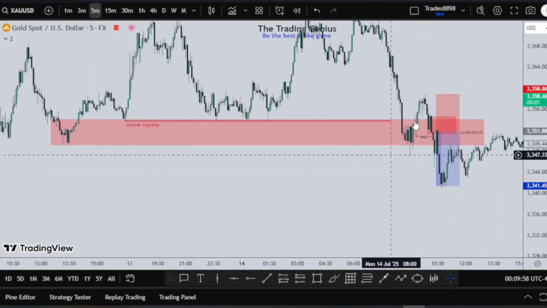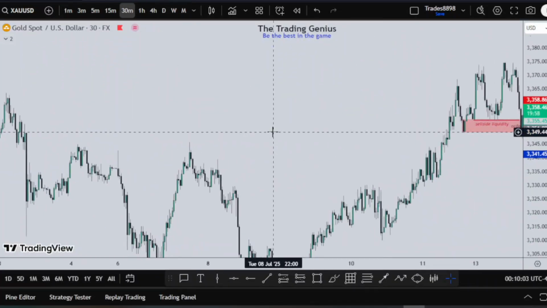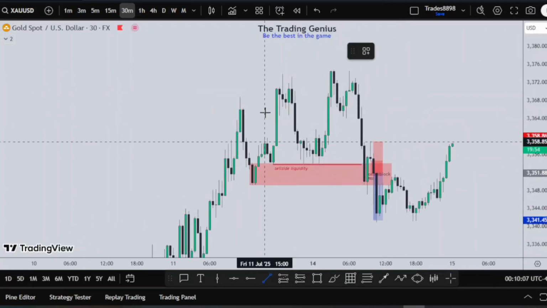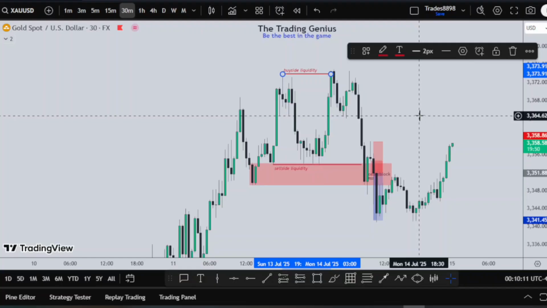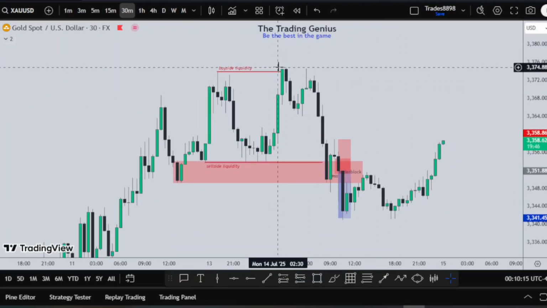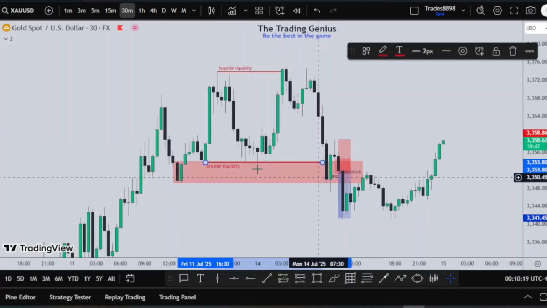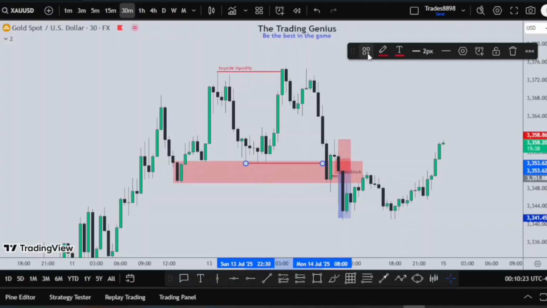Considering what price is doing, the reason we short this is not just because of that. We have to look at the bigger picture. We also see a liquidity sweep, so we have to take this into consideration as well. We have buy side liquidity that just got swept. Because it closed below like this, it actually turned into a market structure shift.